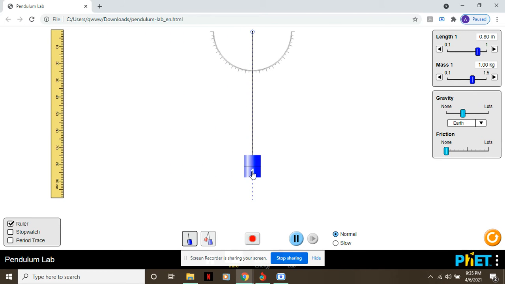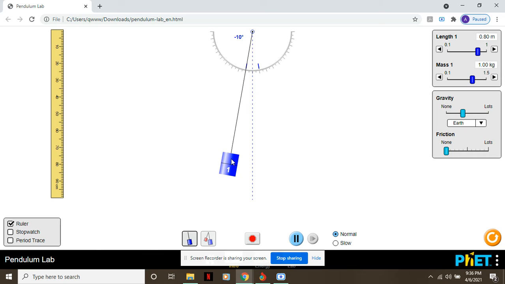Now, the period of a pendulum is the time it takes to make one oscillation. So what is an oscillation then? An oscillation, for example, if I were to displace the pendulum to this position and I release it, when it moves from that position, passing through the middle, going to the other side, then coming back to the starting position in that format, then it makes one complete oscillation.